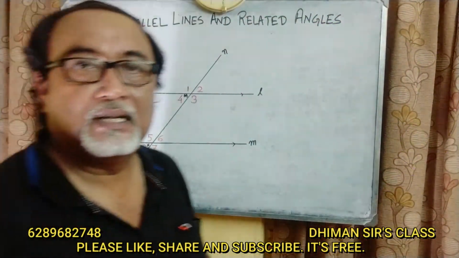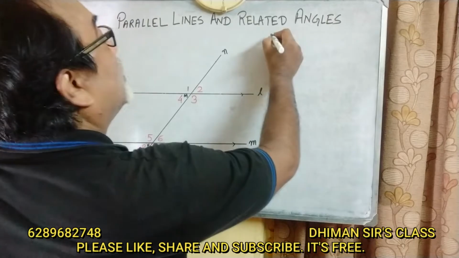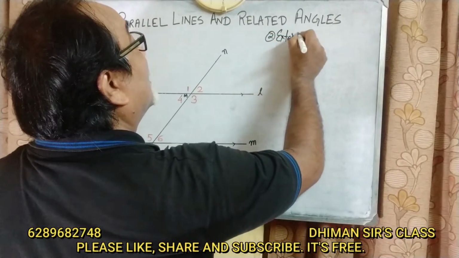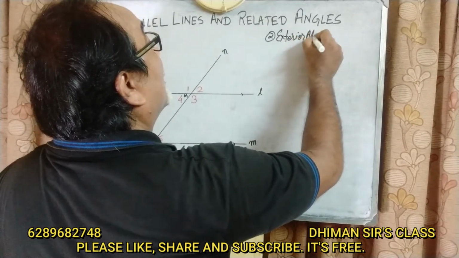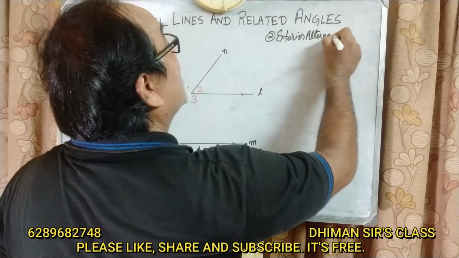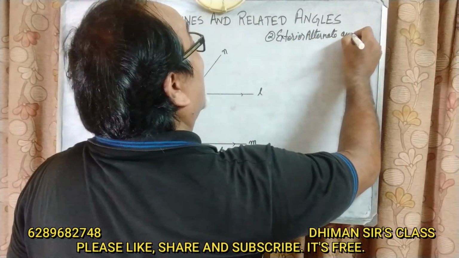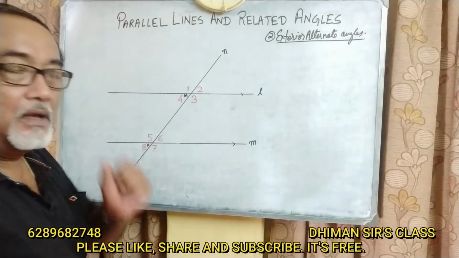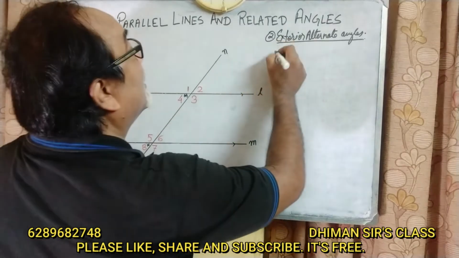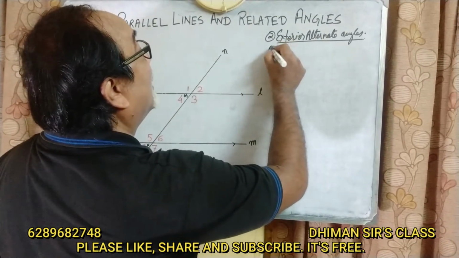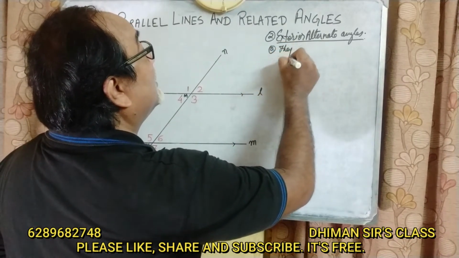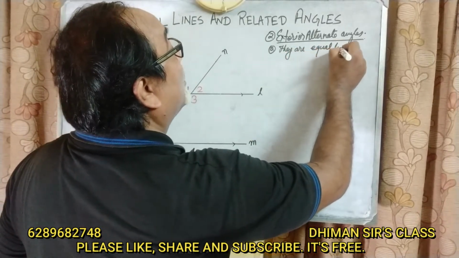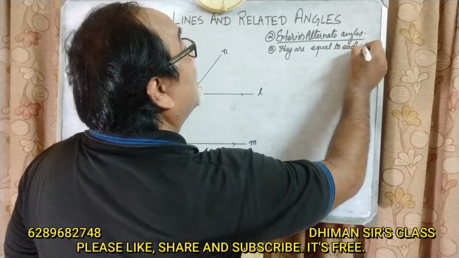Okay, students, let us start. Number 2, exterior alternate angles. Okay, now number A, they are equal to each other.